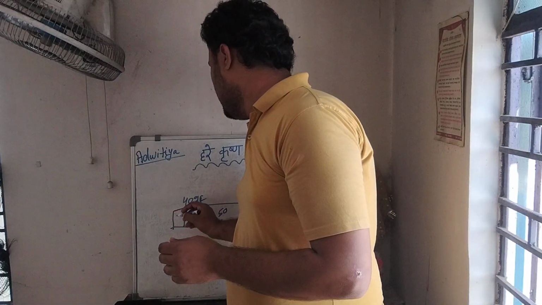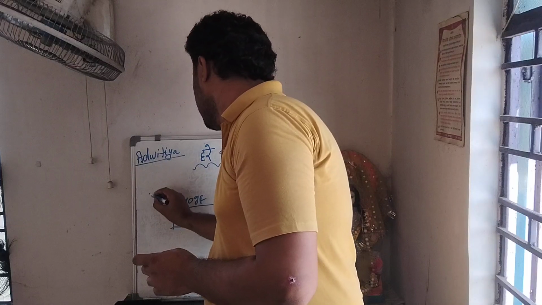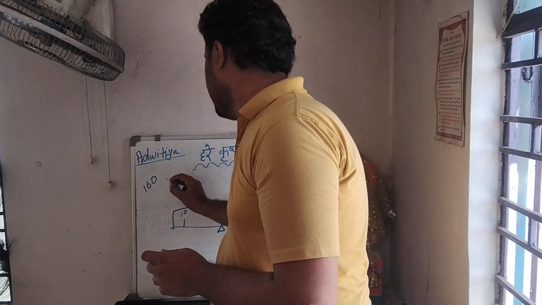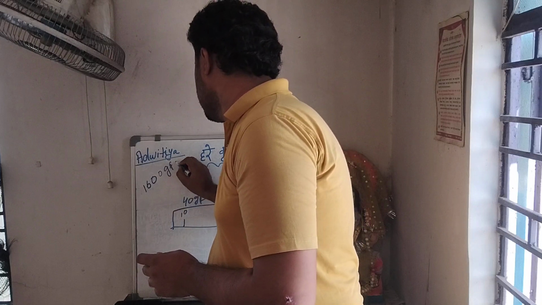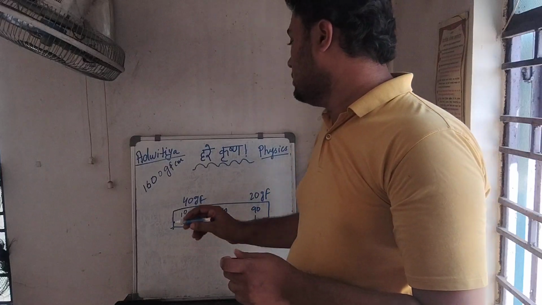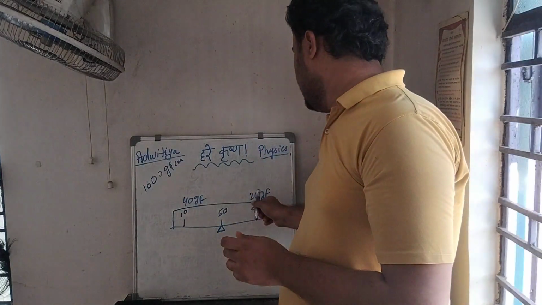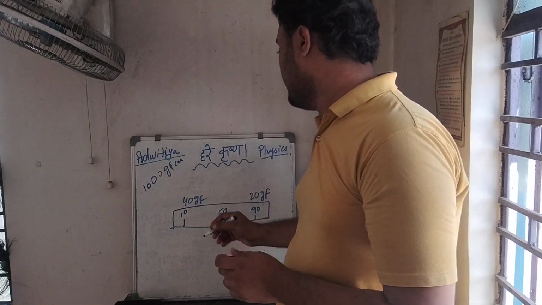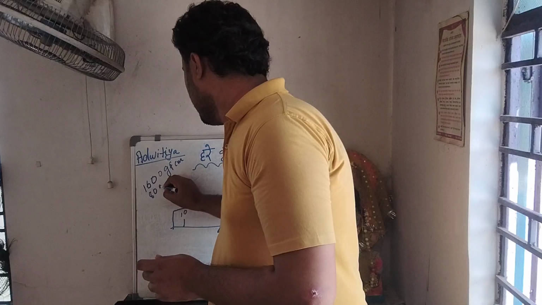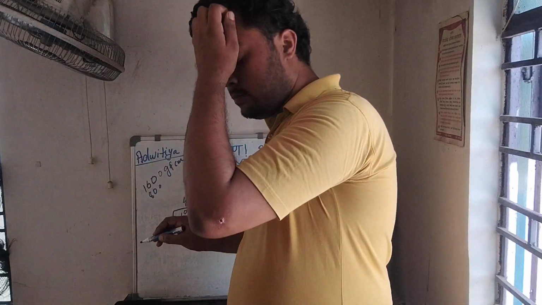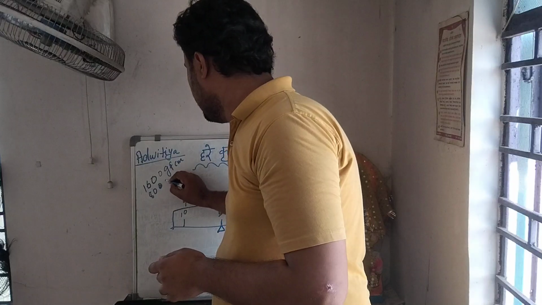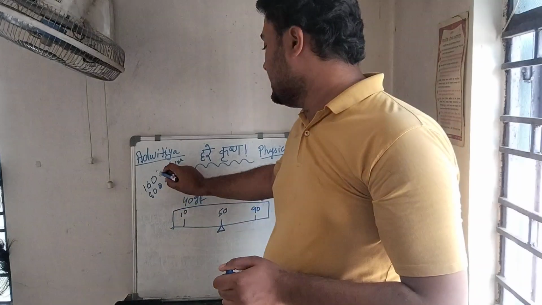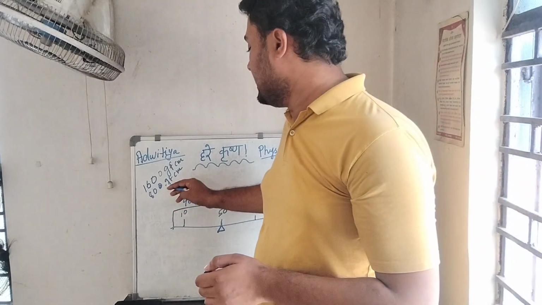So here 40 into 40 means 1600 gf centimeter is the moment of force, and here it is 40 into 20, 800 gf centimeter. So both are different. One is 1600 gf centimeter, the other one is 800 gf centimeter.